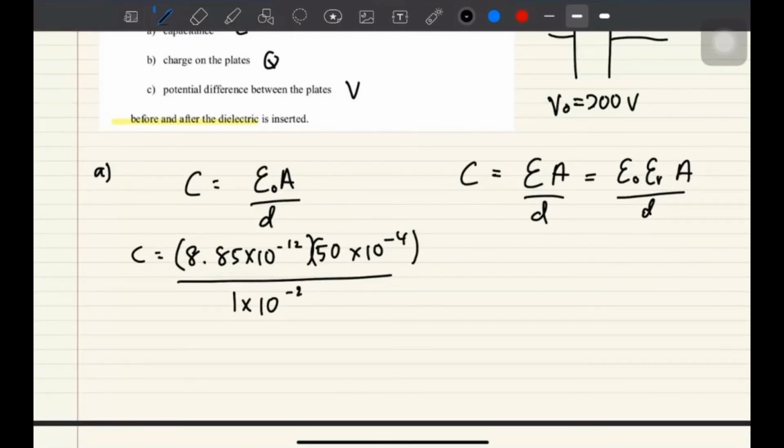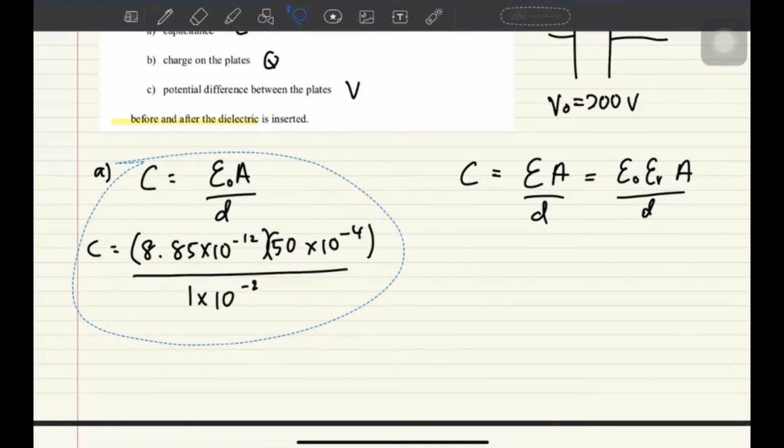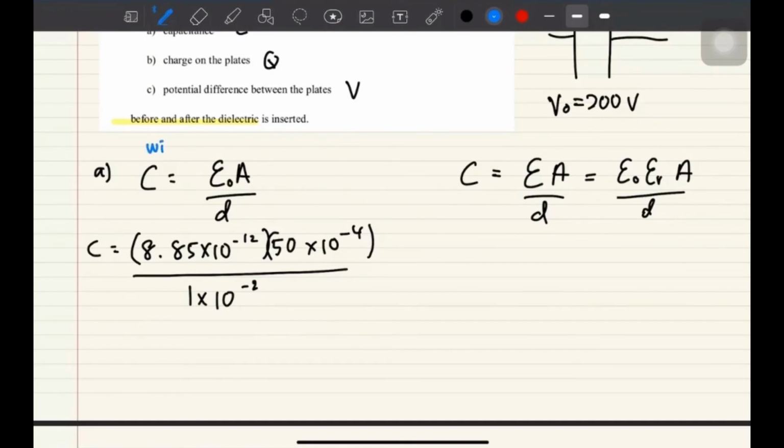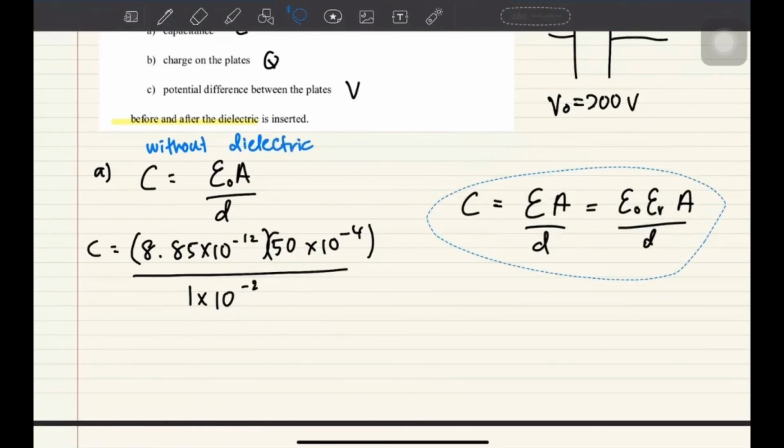Bawa ni ke kiri sedikit sebab tak muat. So saya just label without dielectric. And this one obviously with dielectric lah.